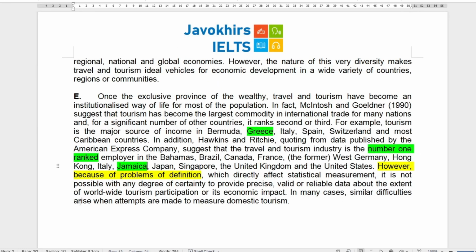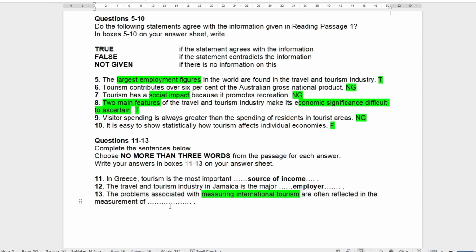In many cases, similar difficulties arise when attempts are made to measure domestic tourism. Okay, so we have domestic tourism. There we go.